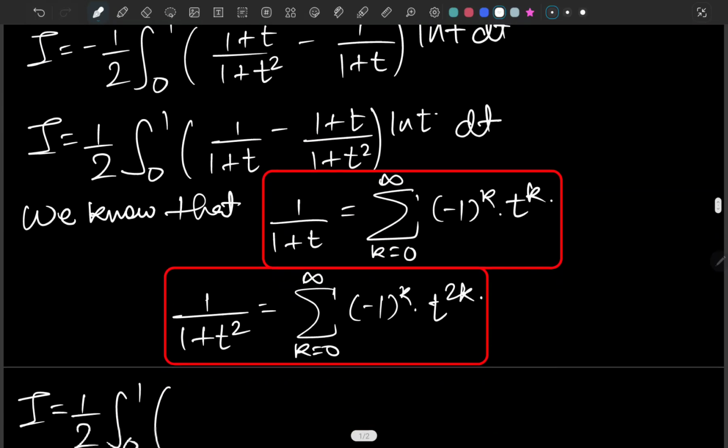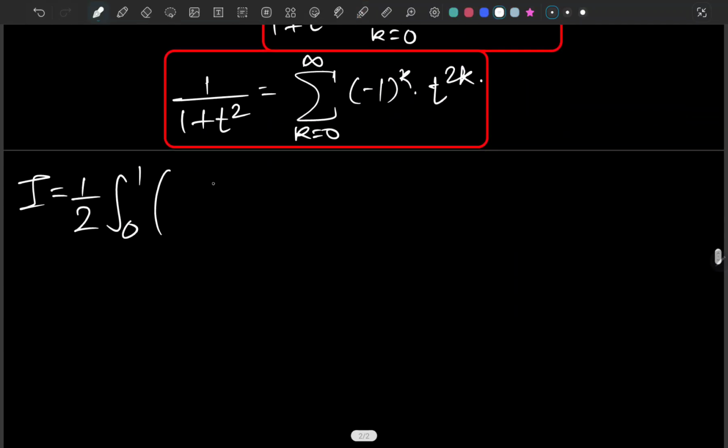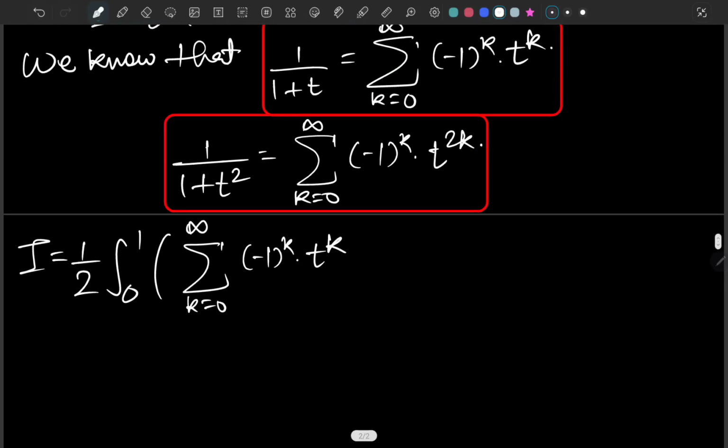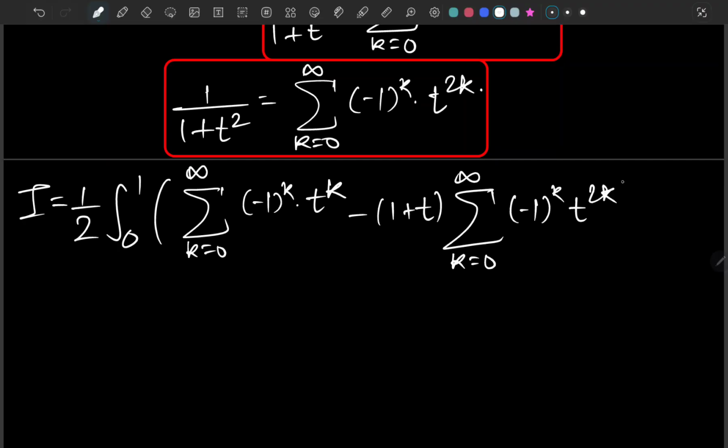If we introduce our first geometric series, in the place of 1 over 1 plus t we have the sum as k goes from 0 to infinity of negative 1 to the k t to the k, and then with a negative (1 plus t) factor, this sum as k goes from 0 to infinity of negative 1 to the k t to the 2k. And ln t, again we don't have to forget about that.